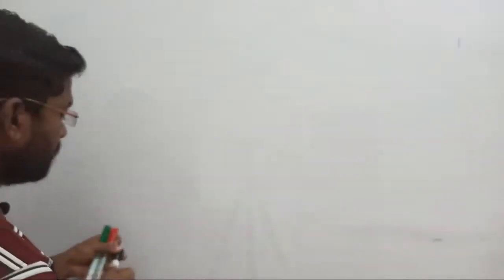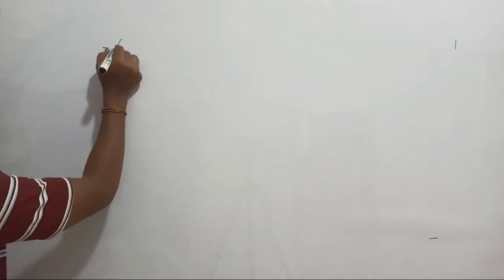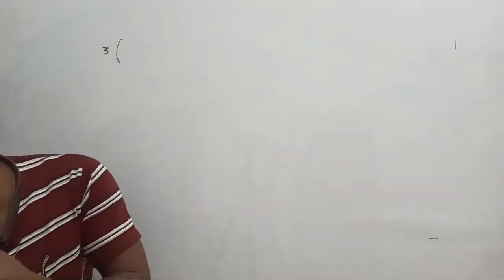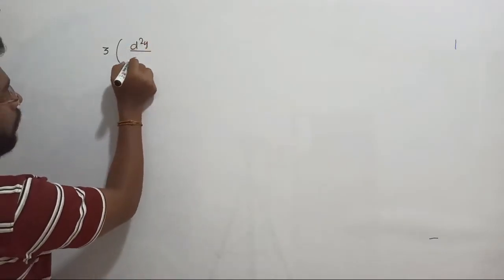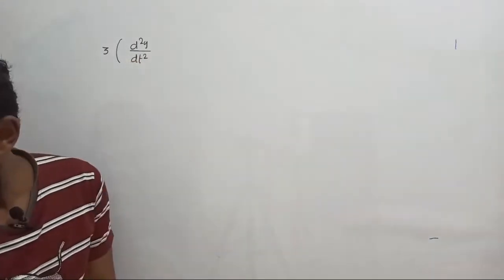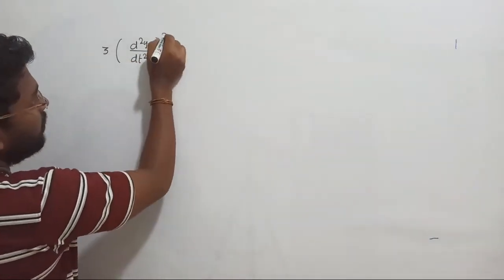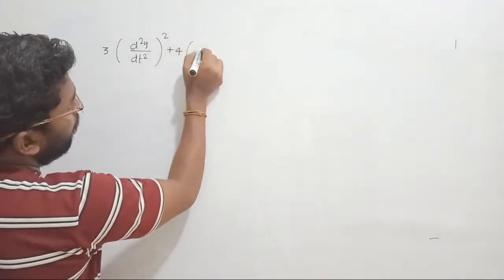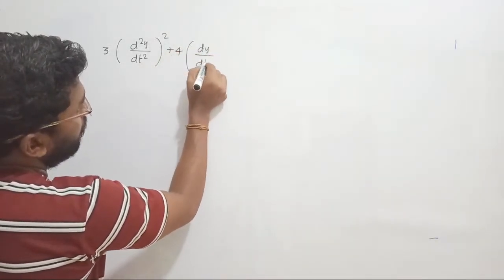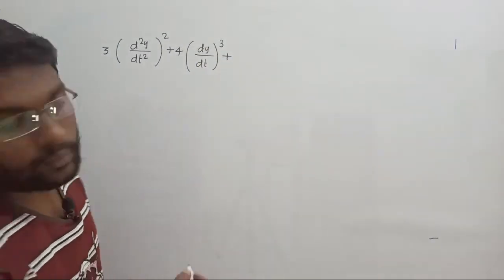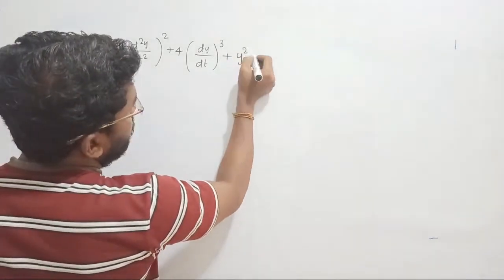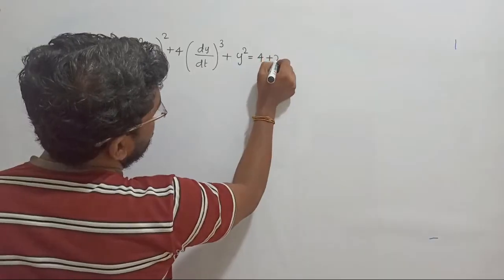The next question is, the following differential equation is given as 3 into, in bracket, d square y upon dt square, and in the power it is given as 2, plus 4 into dy upon dt whole cube, plus y square equal to 4 plus x square.